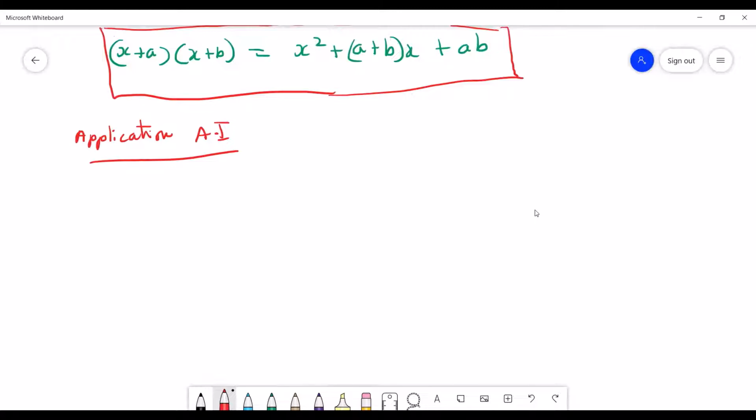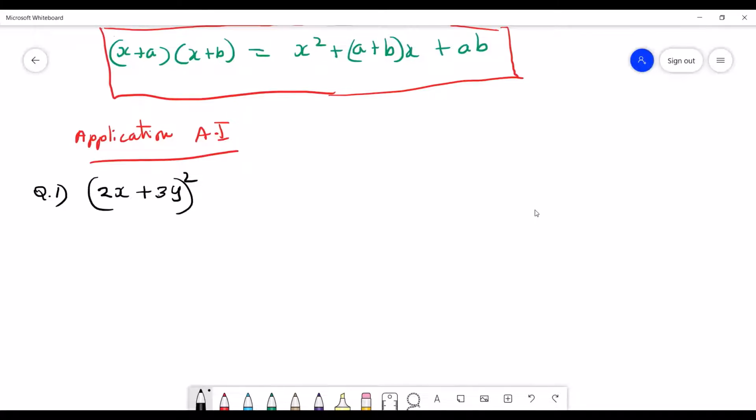So let us solve one question here. First of all, I am taking an example: (2x + 3y) whole square.